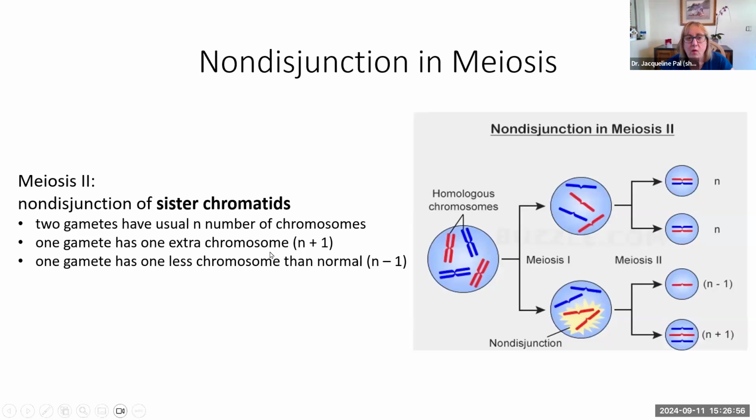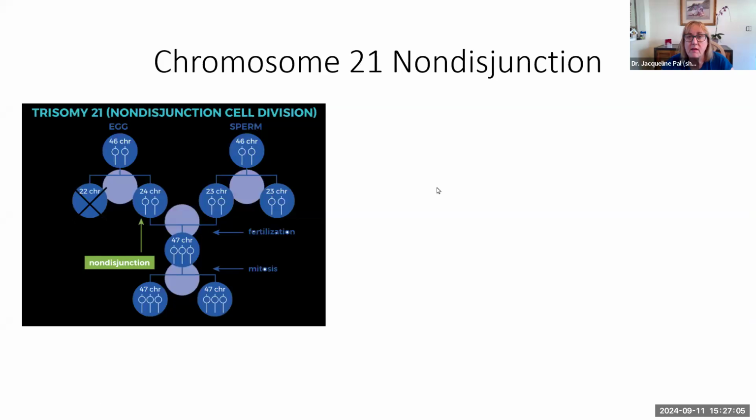And so when we have an extra chromosome, that's called a trisomy, as in we have 3 copies of it. And so one of the most common non-disjunctions occurs with chromosome 21. And the reason why this is compatible with life is because chromosome 21 is a really small chromosome.